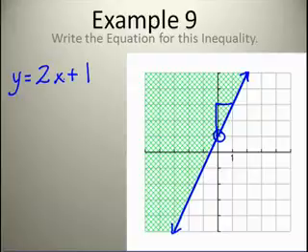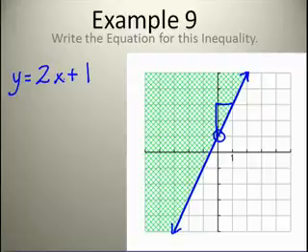If I just had a line, that would be my equation and I would be finished. But I actually have shading, so I know this is an inequality. So if you can kind of look at this picture and decide, is the shading above the line or is it more below the line? And if it's to the left of the line, it's actually above it.